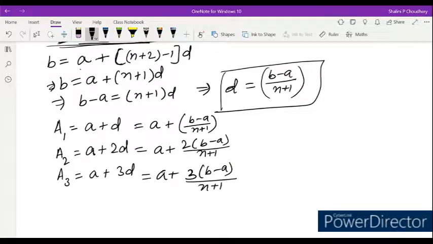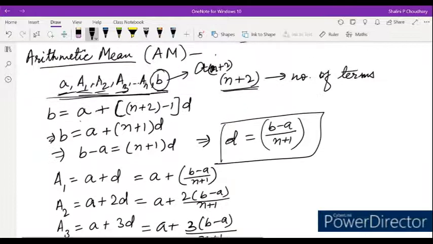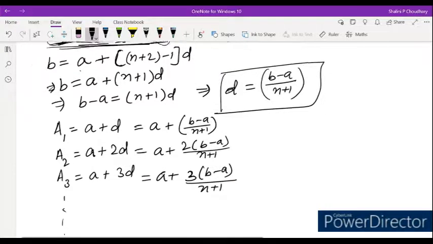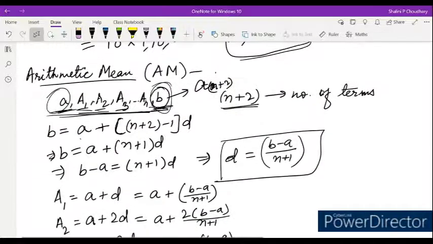Okay. Now similarly, if we have added n terms between a and b, where a is the first term and b is the last term, then it will become n plus 2 terms, such that a, a1, a2, all the terms up to b are in AP, right?